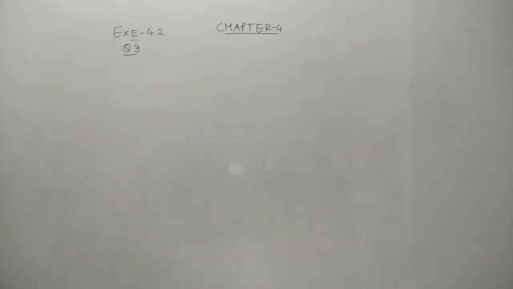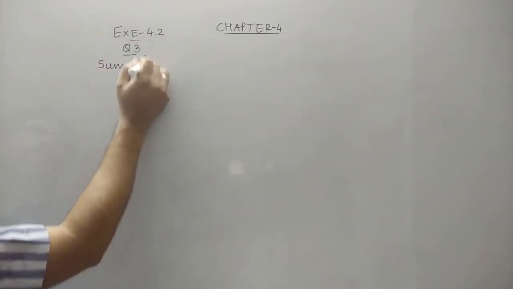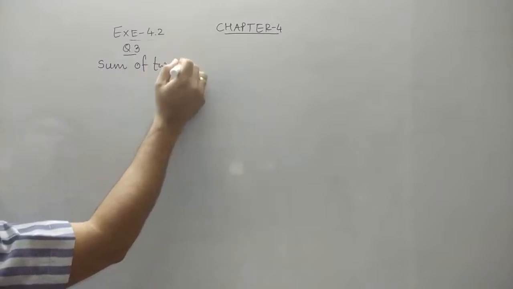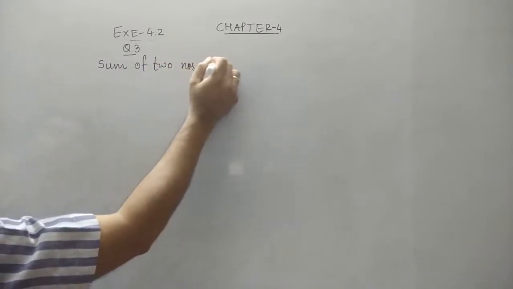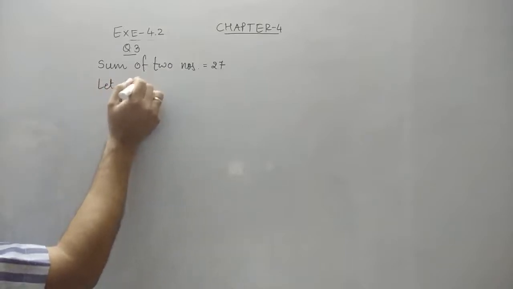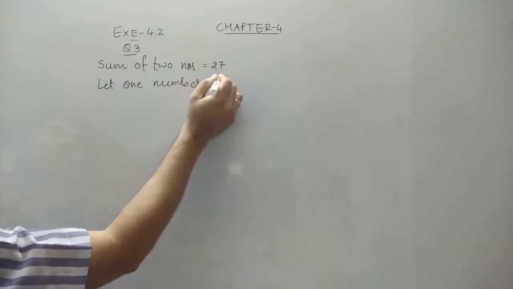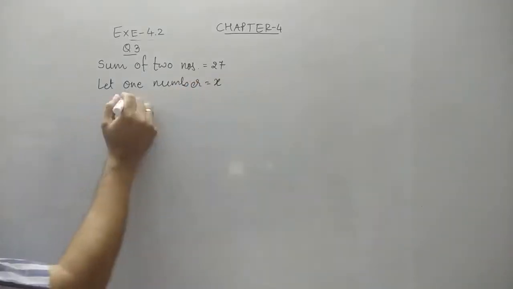Here they have given the sum of two numbers, that is 27. So let one number be x, we'll suppose. So what could be the second number?